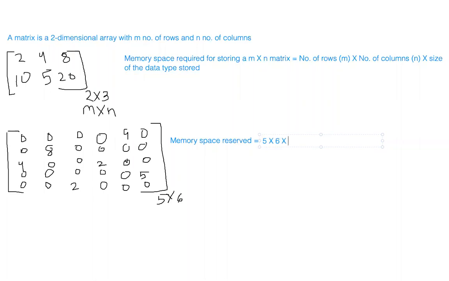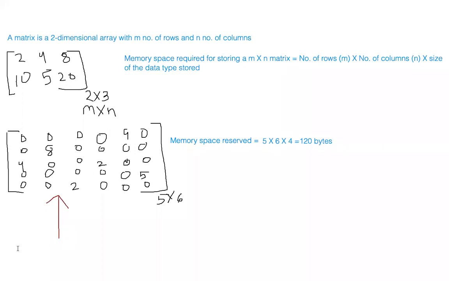And because this is an integer matrix, it will be into 4. So it will be equal to 120 bytes. So 120 bytes of memory space will be reserved for storing this matrix, out of which most of the elements are 0 elements.